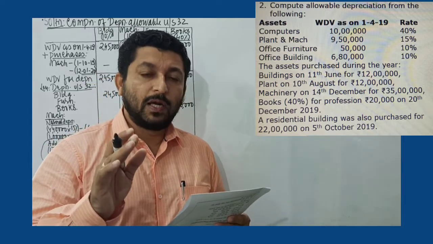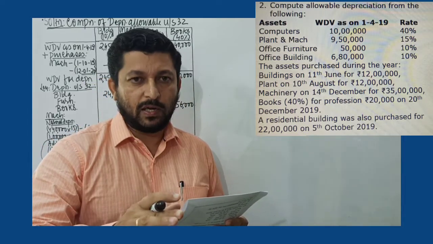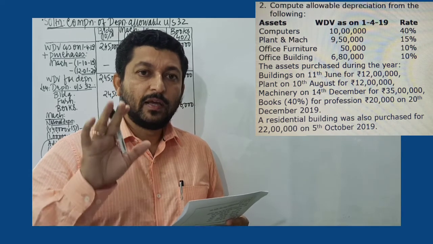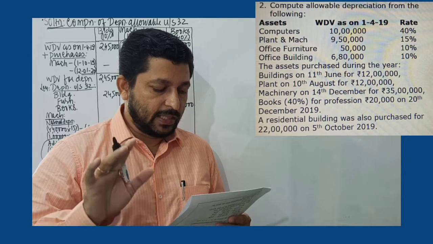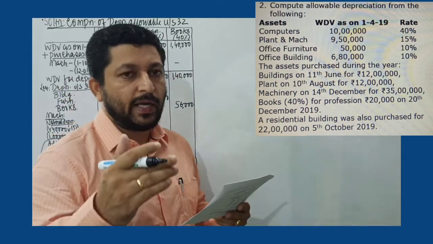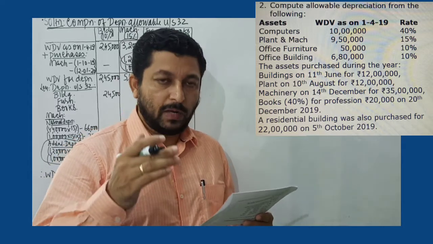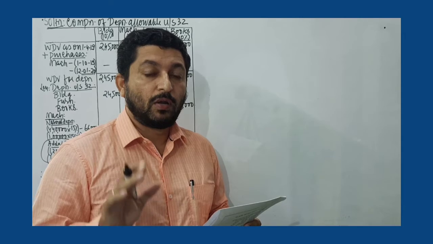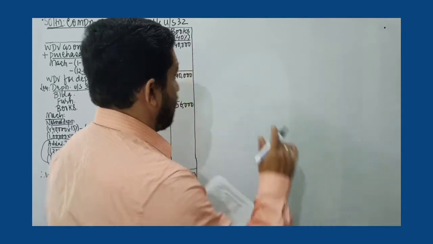So residential building is different from office building. And the block rate of depreciation on residential building is 5%. And this is purchased on 5th of October 19. We will check how many days this residential building is purchased and put to use. So overall in this particular problem, there are 6 blocks of assets.